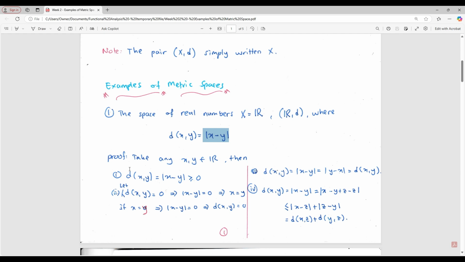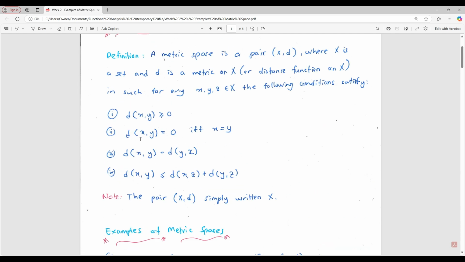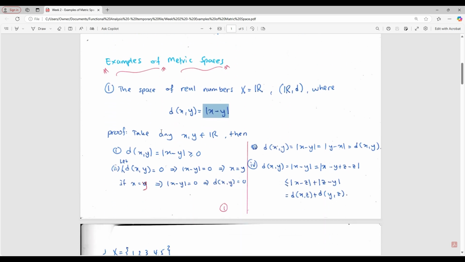The next property is that the metric of x and y has to be equal to 0 if and only if x is equal to y. Like I said before, it has to satisfy two conditions here. The first condition is that we start from the metric of x and y equal to 0, then imply x must be equal to y.